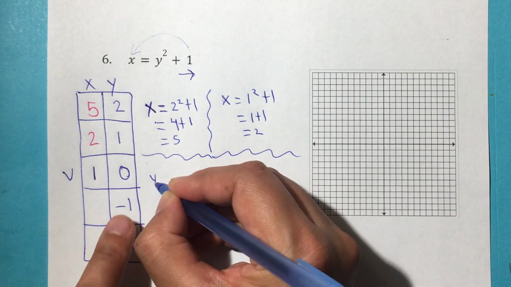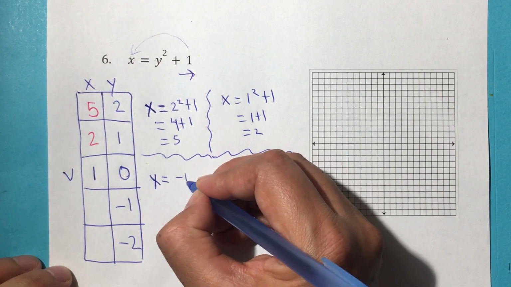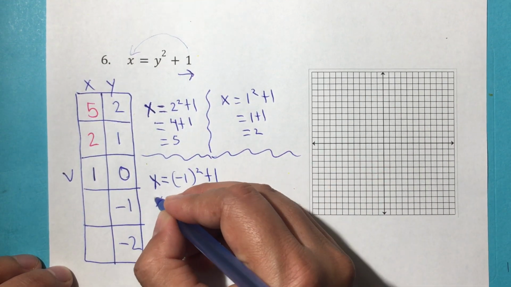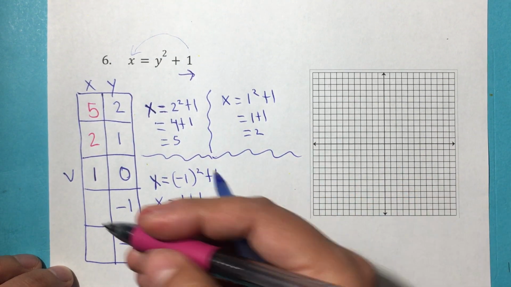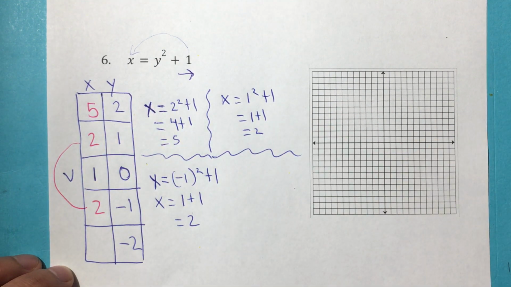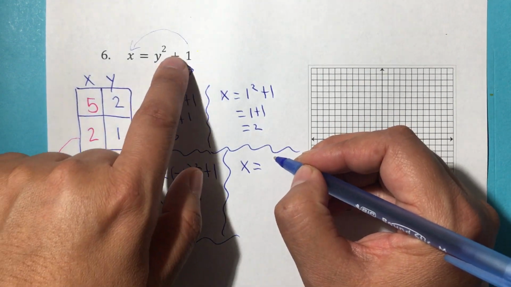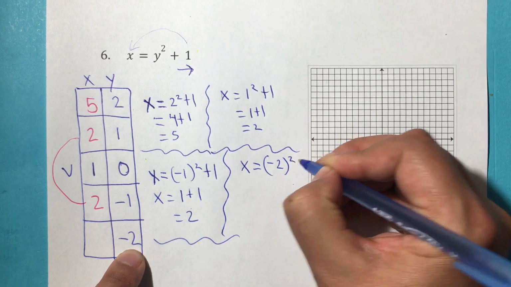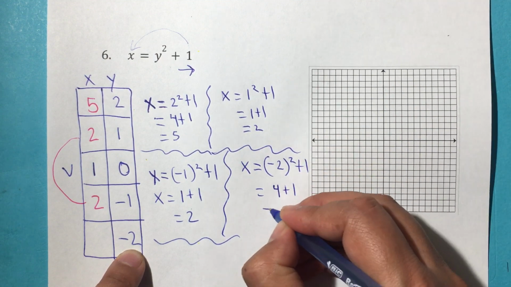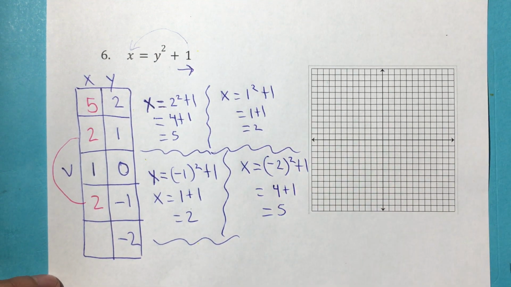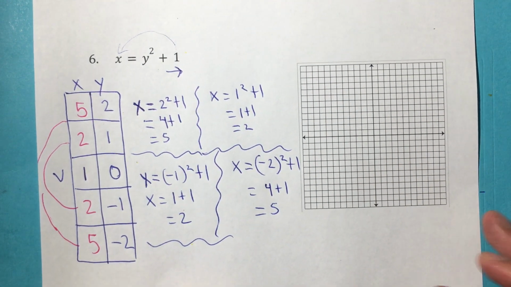And the next one, x is equal to -1 squared plus 1, which is -1 times -1 is 1 plus 1 equals 2. Okay, notice how that's the same. And then the next one, x is equal to y squared plus 1, so -2 squared plus 1. -2 times -2 is +4 plus 1, which gives us 5. There you go. So now we're ready to graph.